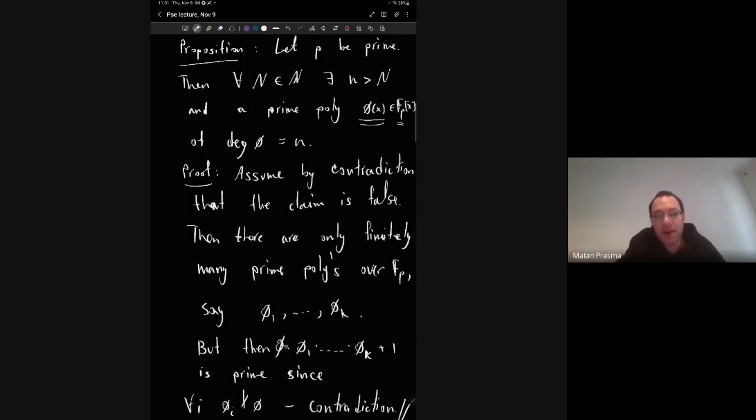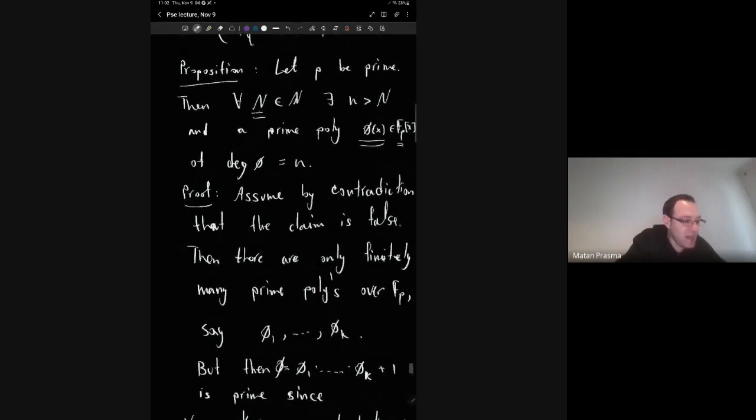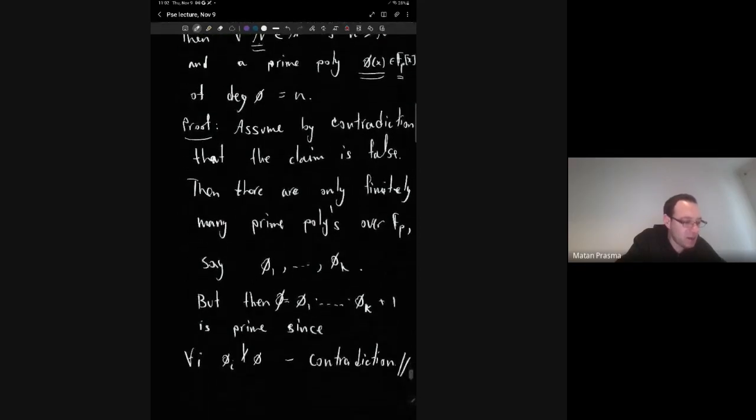So if I know that the degree of prime polynomials cannot exceed some number n, then I know that there could be only finitely many polynomials up to degree n. In particular, there will be only finitely many prime polynomials. Okay, is this clear? Are there any questions?